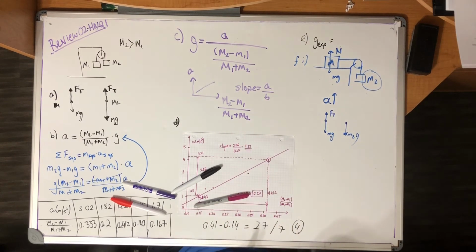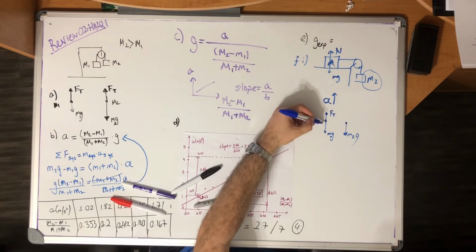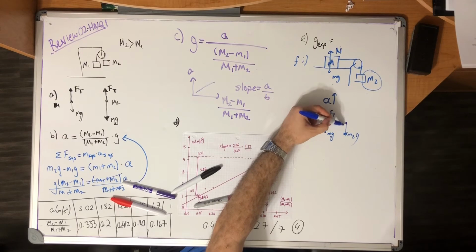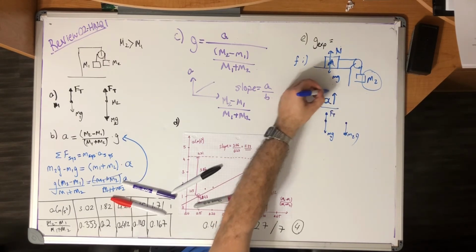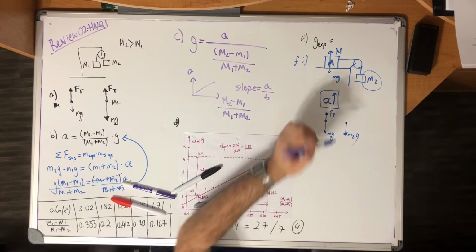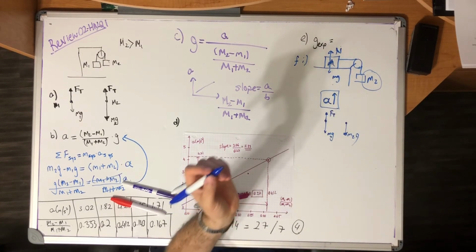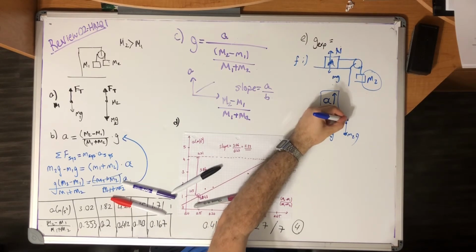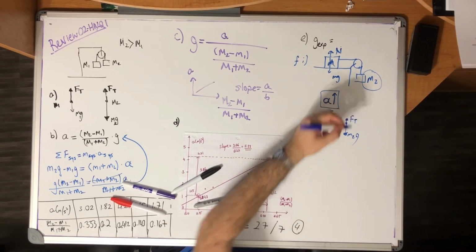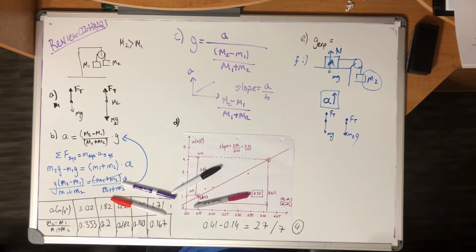This difference in between the vectors creates the acceleration. We expect the new acceleration to be more, and how is it possible? If this vector FT is less, then you are going to have more acceleration in the system. So the answer will be lower for part Fi.